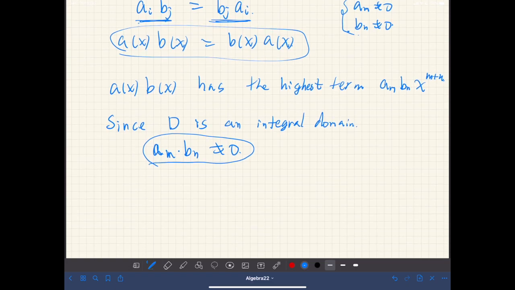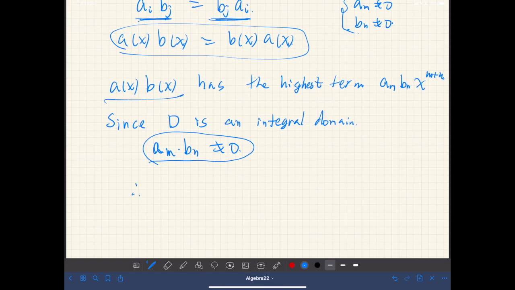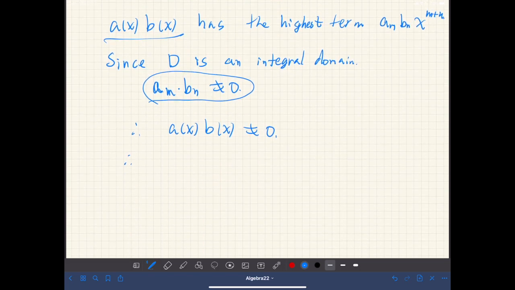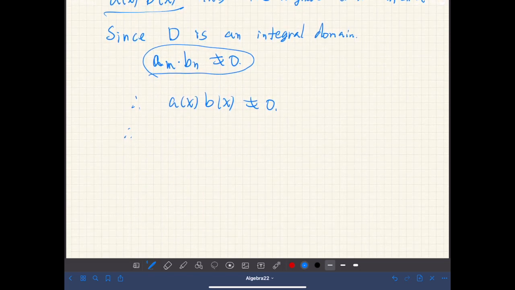So this means this product a of x times b of x is non-zero. Therefore, this polynomial ring has no proper divisors of 0. Therefore, D of x is an integral domain. And we are done.